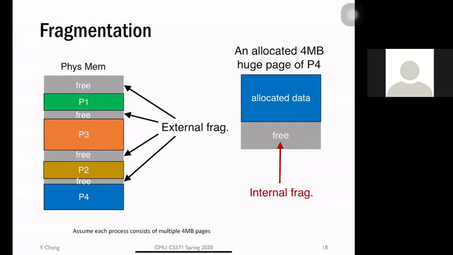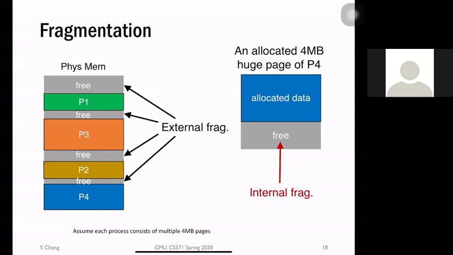Assume that at a later point in time, there's an incoming large memory allocation request, the size of which is, unfortunately, larger than any of these freely available memory holes.